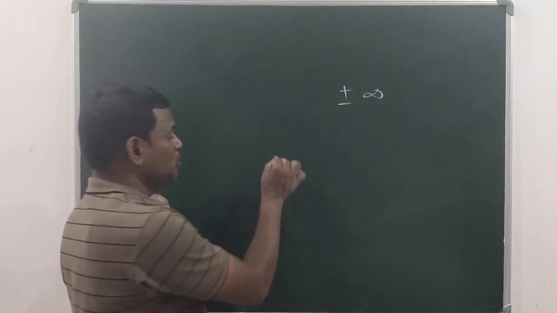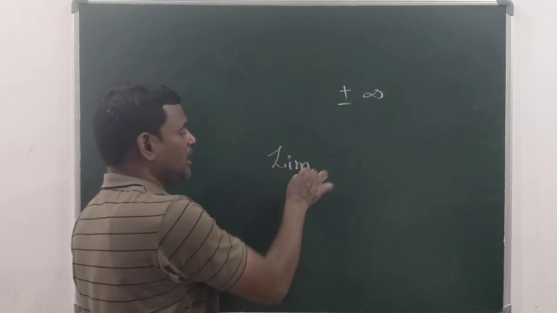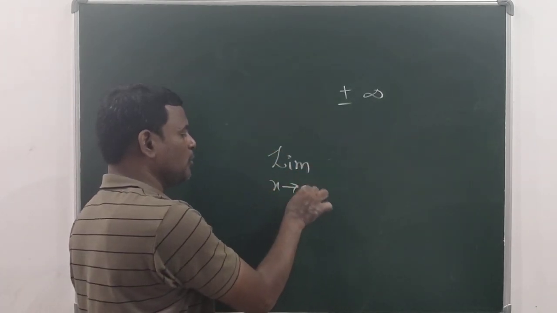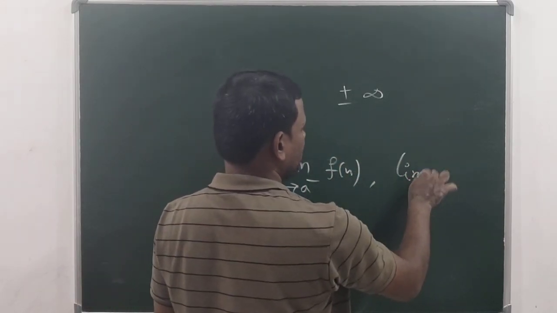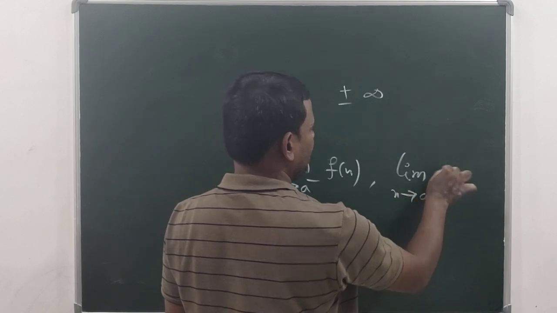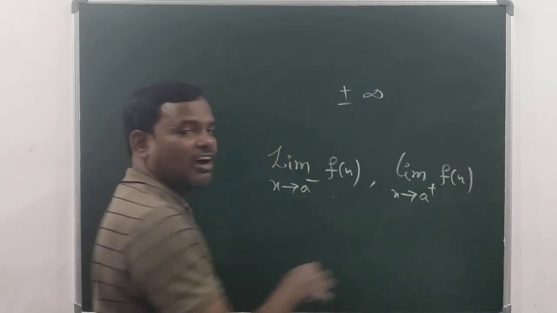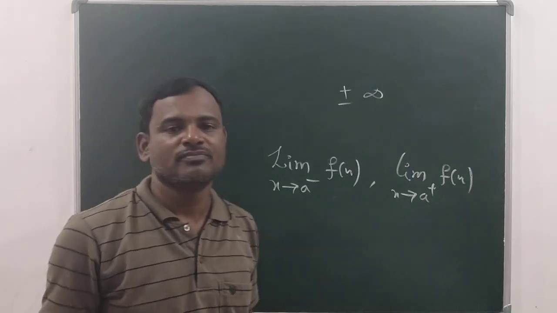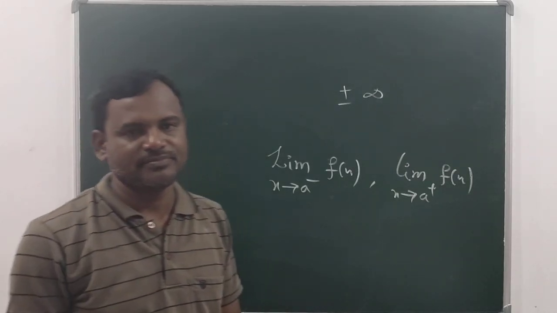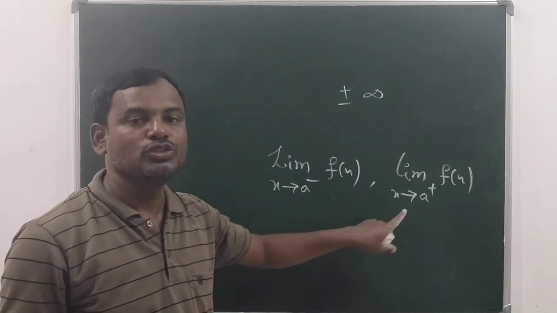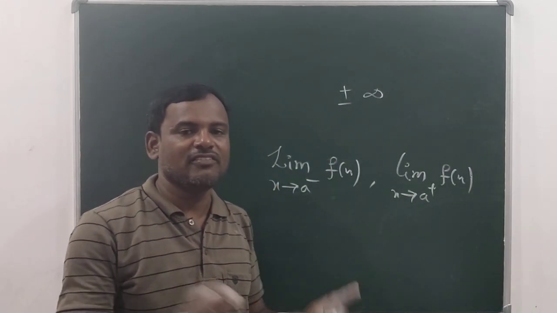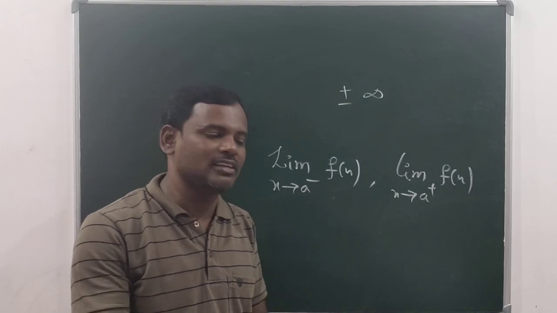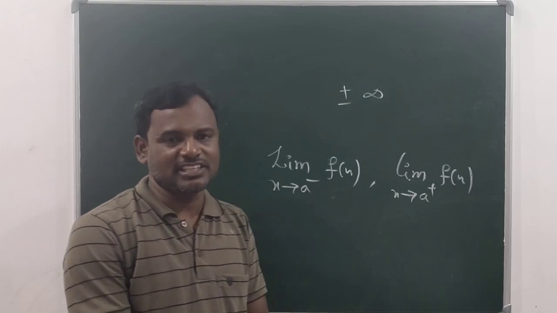Students, in this irremovable discontinuity, I said to prepare the left hand limit and the right hand limit. So the left hand limit or the right hand limit, any one or both, attains plus or minus infinity. At least one of these two should attain plus or minus infinity. Then that function is discontinuous, and that is called infinite discontinuity.